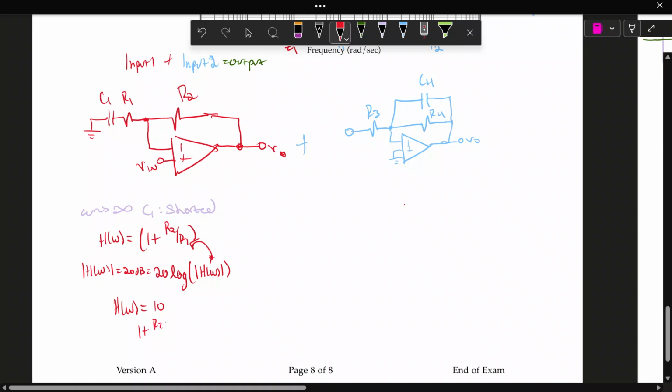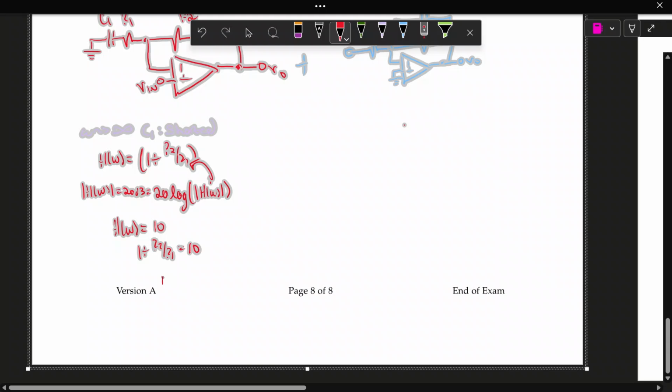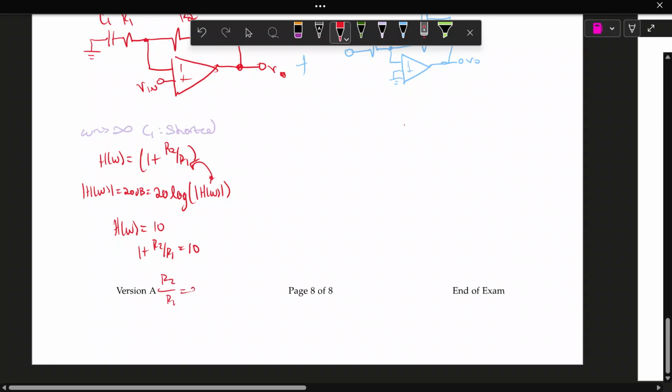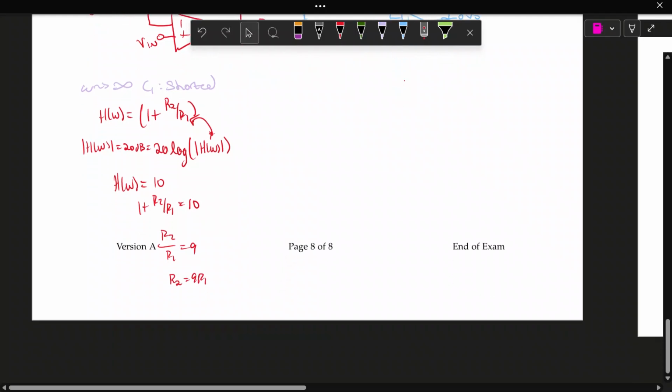So 1 plus R2 over R1 has to be equal to 10. R2 over R1 must be equal to 9. R2 is equal to 9 R1. Let's just choose R1 equal to, I don't know, 10 k ohms. So R2 is equal to 90 k ohms.